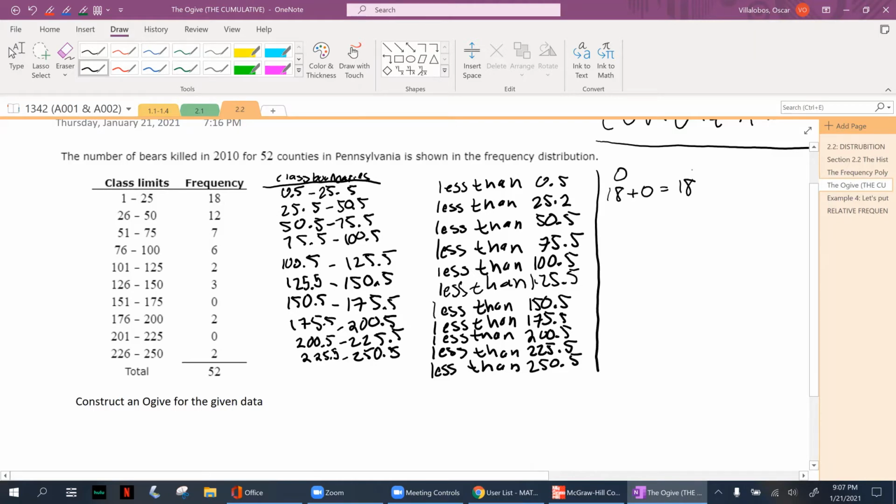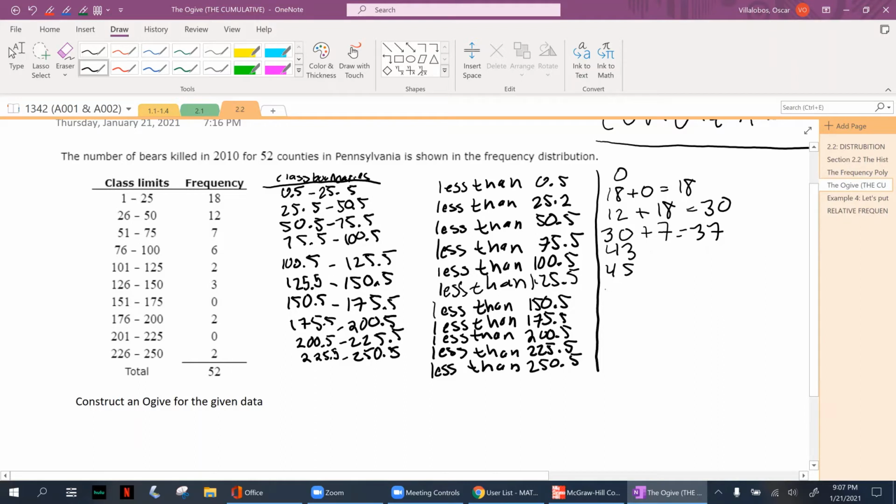Anything less than 50.5 is that 12 plus the previous row, which is 18, gives me 30. Plus that 7, so that's going to be 37. And if that's 37, then this is going to be 43, meaning this is going to be 45.